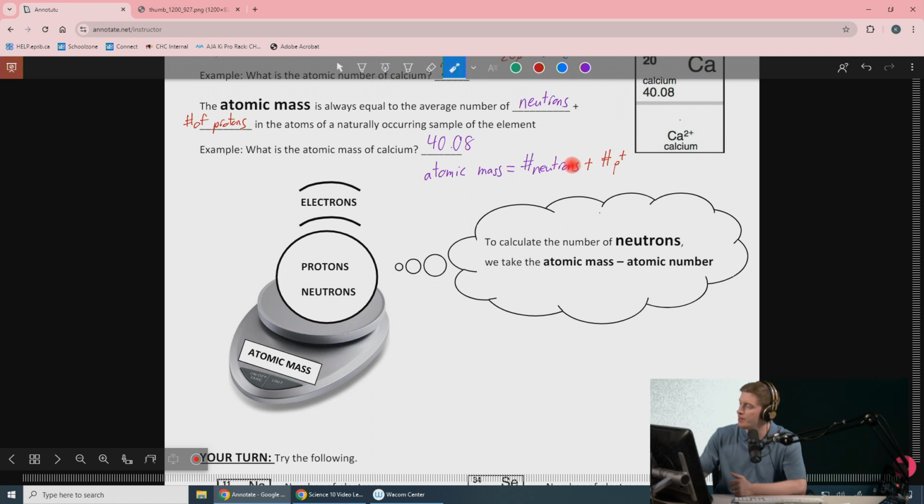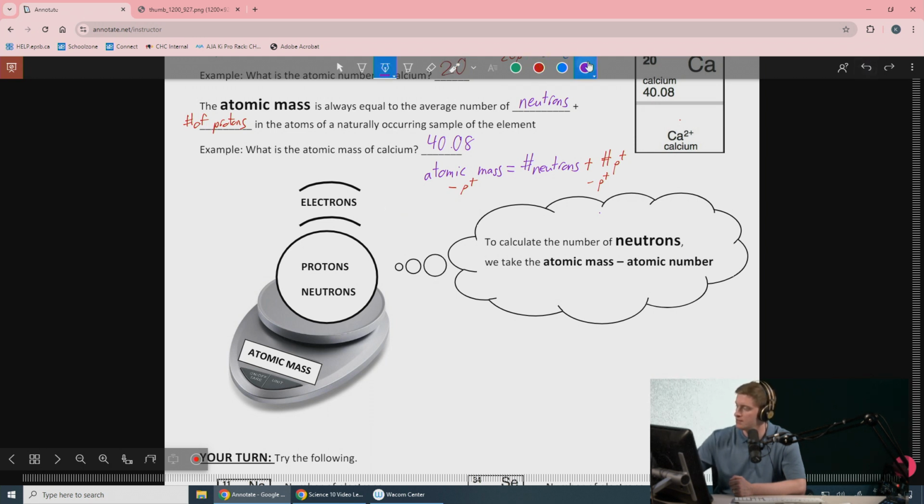If we wanted to rearrange this to solve for the number of neutrons, we could subtract the number of protons from both sides, and we would get this equation here. Atomic mass minus atomic number, which is our number of protons.